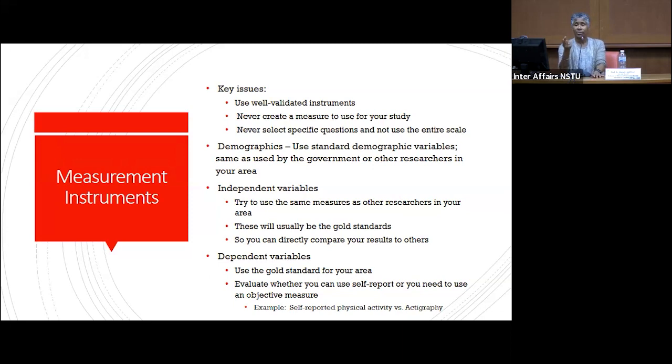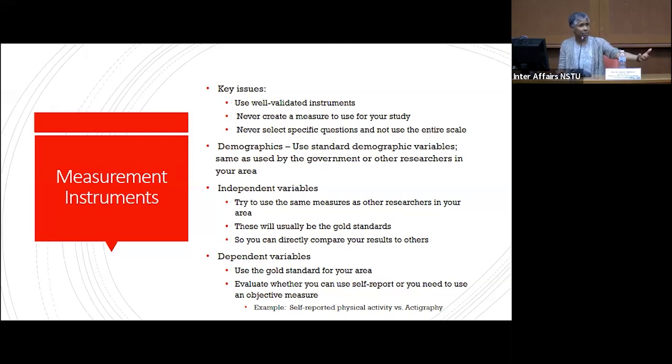One, the reliability and validity of that measure will be good. And secondly, it allows you to compare your research findings to other people in the literature. That's also critical. So you can say, in our intervention, using similar approaches, similar outcomes, we saw these findings.